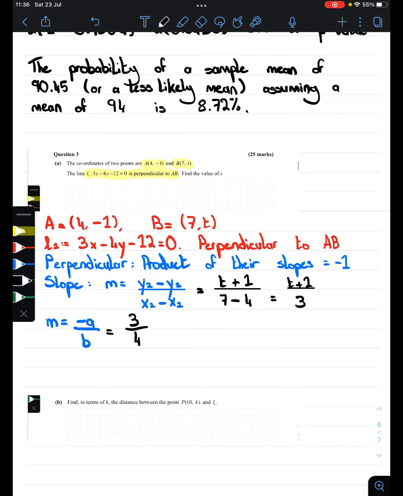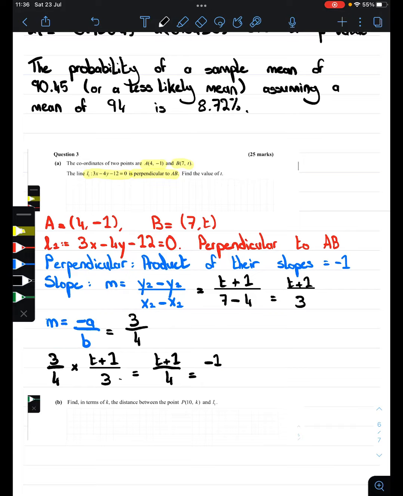So we know the product of 3/4 and (t plus 1) over 3 will be minus 1. So 3/4 by (t plus 1) over 3 is top by top, bottom by bottom, and the 3 and the 3 cancel, so we get (t plus 1) over 4 equals minus 1.